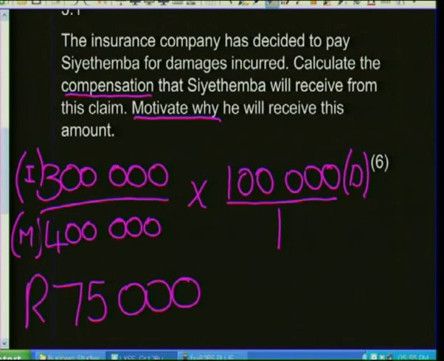So now this was the one section that they asked here. They asked us calculate how much this insurance company is going to pay out. Now we know that this person hasn't been paying what they should be paying. So they can't pay this guy 100,000. That would not be fair, because remember, we cannot make a profit out of insurance. So they are only going to pay out 75,000 rands.